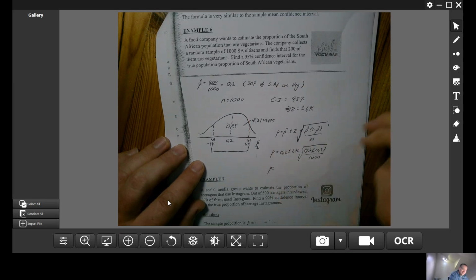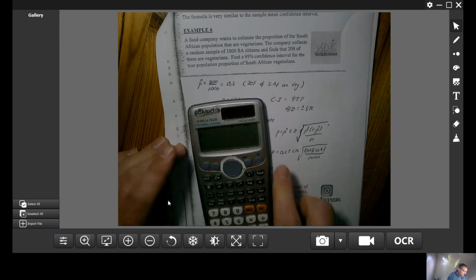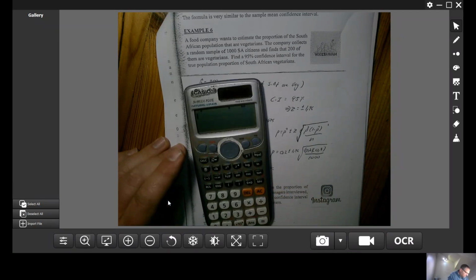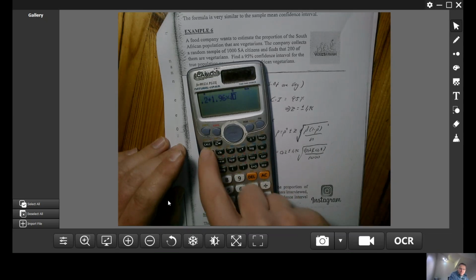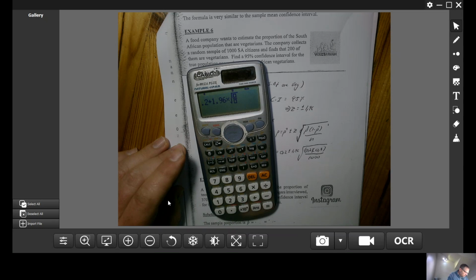Right, let's chuck that into our calculators. So you're going to get 0.2 plus 1.96 times the square root of 0.2 times 0.8 over 1,000.